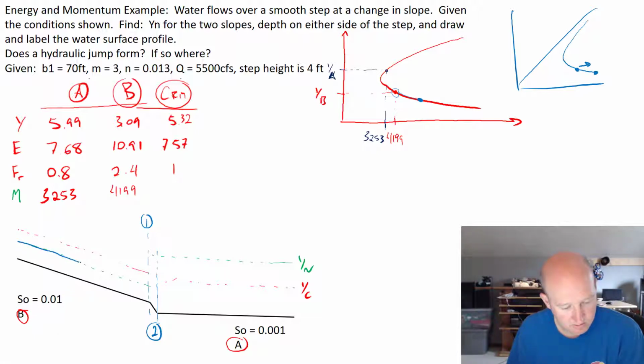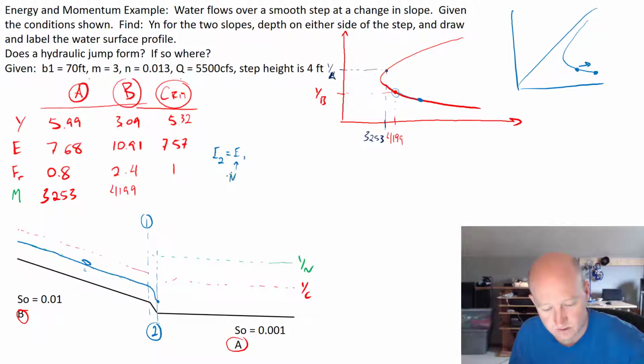It's under upstream controls, and so it's going to stay at uniform conditions until it runs into something that changes it. So that's uniform conditions, starting upstream and going downstream. And then it's going to accelerate as it goes down. So it's going to get shallower. It's going to gain energy. So the energy at section 2 is the energy at section 1, which is normal energy for section B.